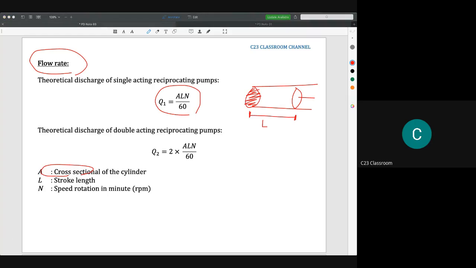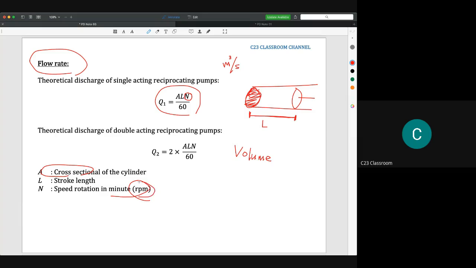So you multiply A, the cross-sectional area, with L, and then you will get the volume. But this volume actually occurs in one cycle. Normally, flow rate is calculated in terms of meter cube per second. So we need to know the frequency of this movement, so we multiply by N here. N is the rotation per minute.